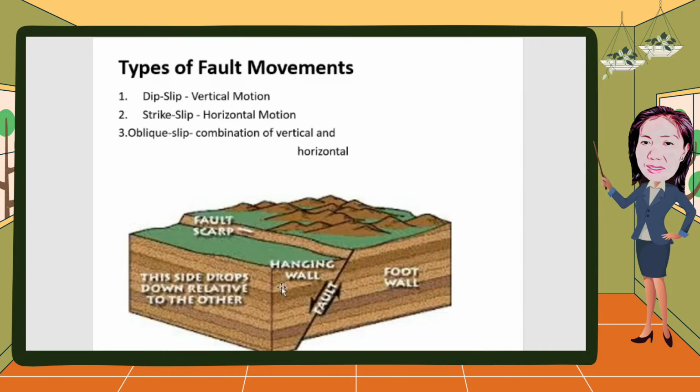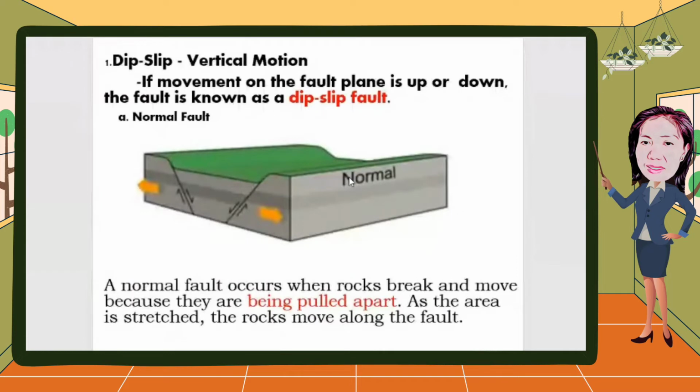If the rock or plate is on the top of the fault, it's called the hanging wall. And if the rock or plate is on the bottom of the fault, it's called the foot wall. Let's start with the vertical version. If the movement of the fault plane is up or down, or vertical, this fault is known as a dip slip fault.